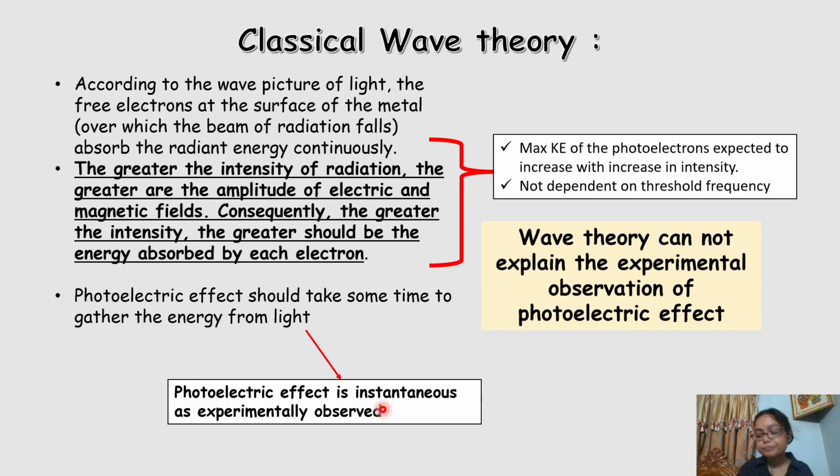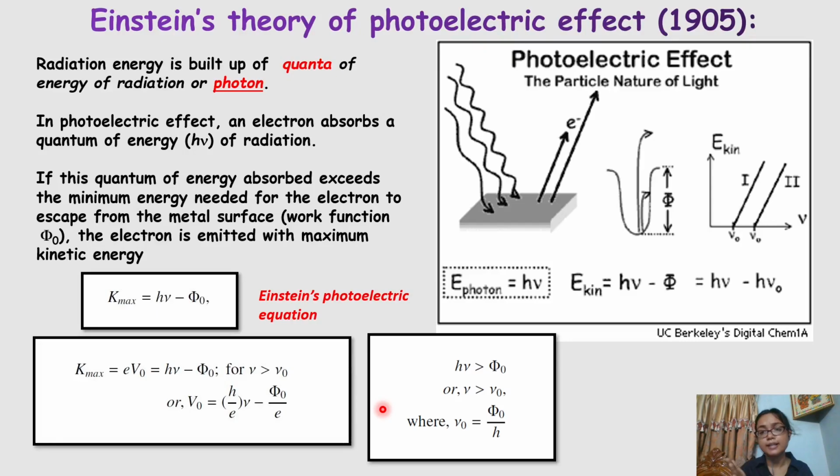In 1905, Einstein gave his theory of the photoelectric effect, where he gave a different picture of radiation. He explained that the radiant energy is actually built up of quanta of energy, known as photons. When the light is incident on the metal, these photons interact with the electrons, and the quantum of energy is absorbed by the electrons.